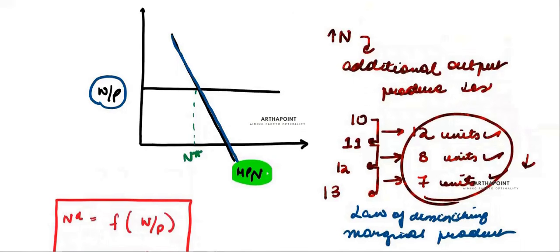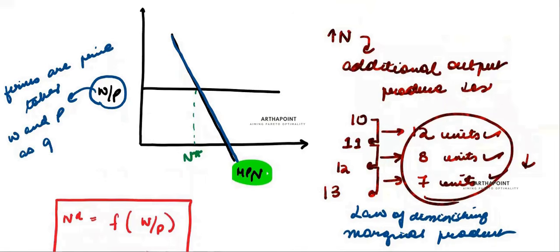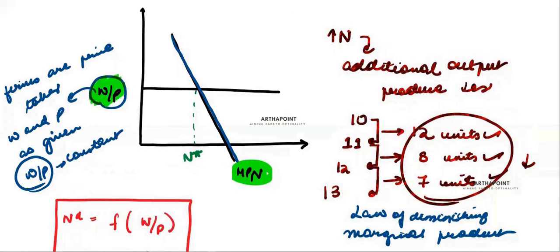Now real wage is constant. Why? Because firms are price takers. We just mentioned that they take W and P as given. So W by P is also constant. So firms take this W by P as constant.